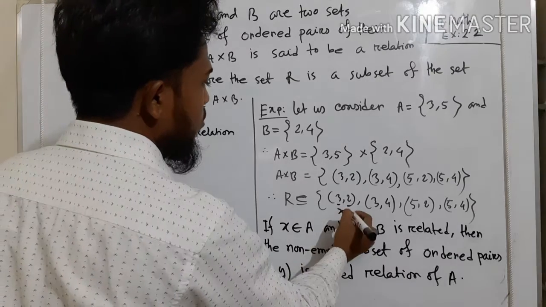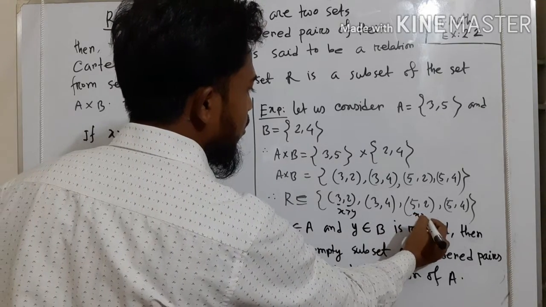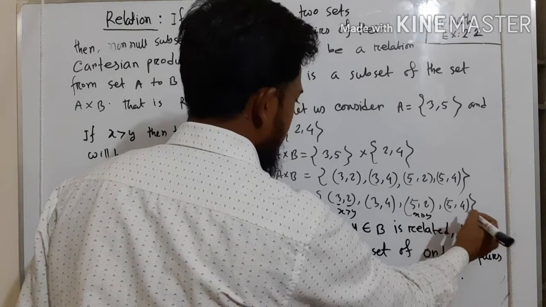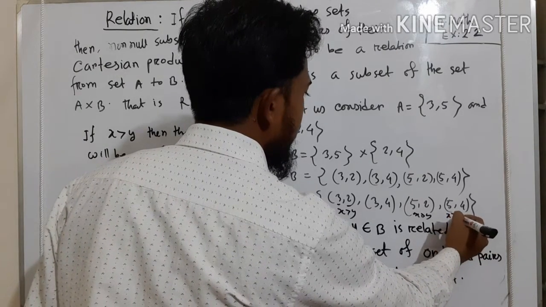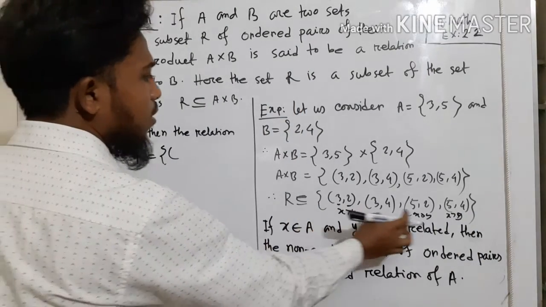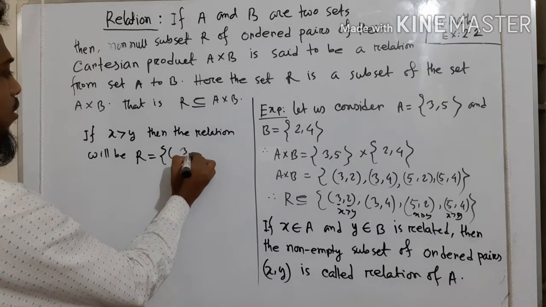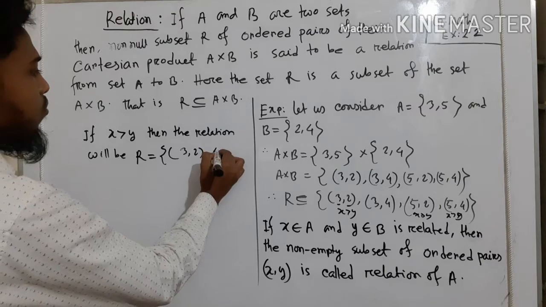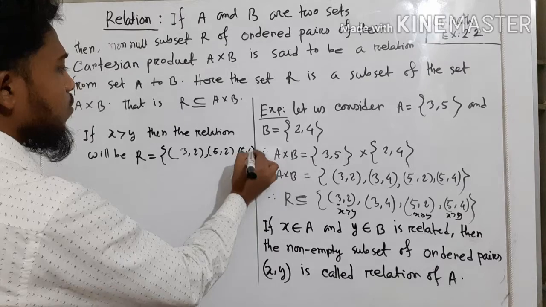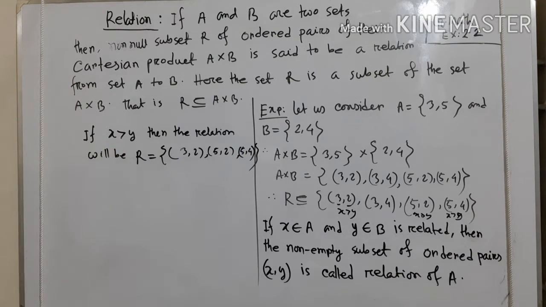So, here we see that x is greater than y in this ordered pair. So, we take these ordered pairs: (3, 2), (5, 2), (5, 4). This is our relation when x is greater than y.